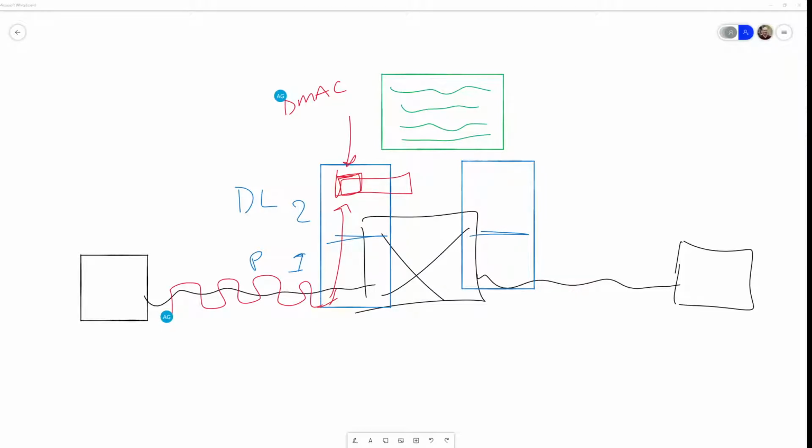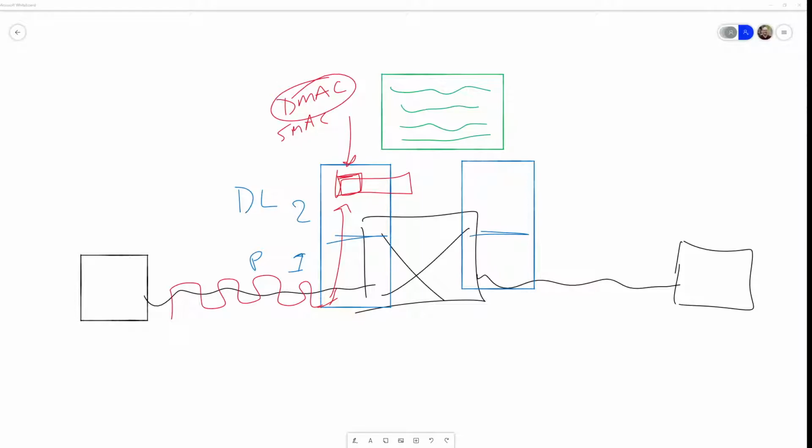We already talked about how the table is built looking at the source MAC address, known as source MAC address snooping. It's a dynamic learning mechanism that bridges and switches comply with, and it's just an automatic mechanism. We already talked about that. So the Ethernet frame is forwarded based on its destination MAC address.